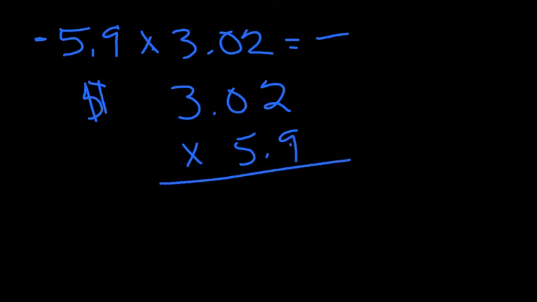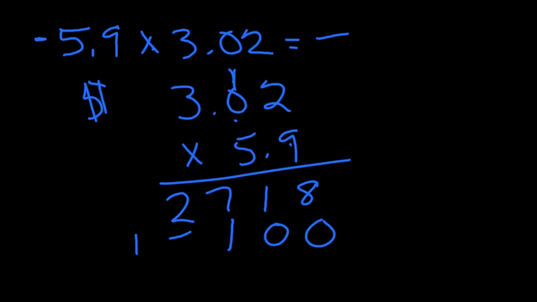9 times 2 is 18. 9 times 0 is 0 plus 1. 9 times 3 is 27. 5 times 2 is 10. 5 times 0 is 0 plus 1 is 1. 3 times 5 is 15.